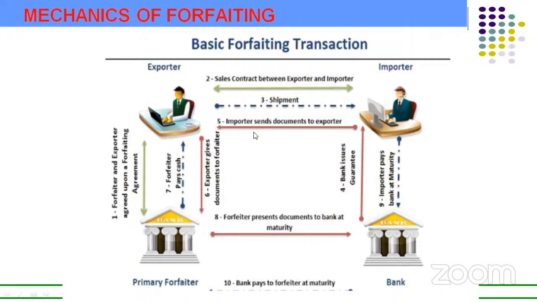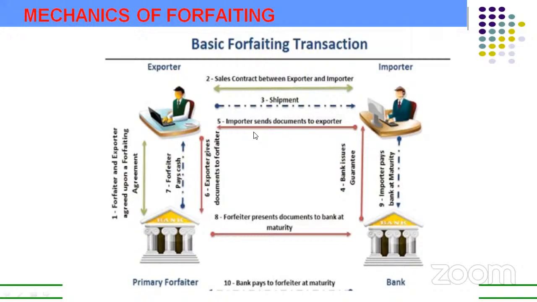Once the agreement is complete, the exporter will ship the goods and obtain a bill of lading, evidence of shipment of goods. The importer's bank will issue an unconditional guarantee. The instrument can be in the form of a letter of credit, promissory note, or any other freely transferable document.